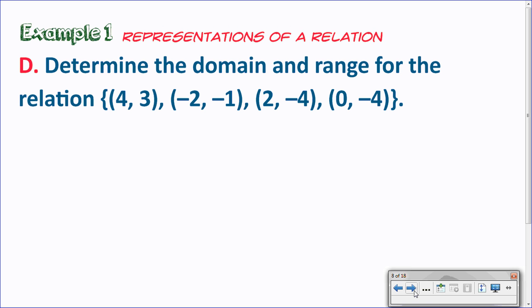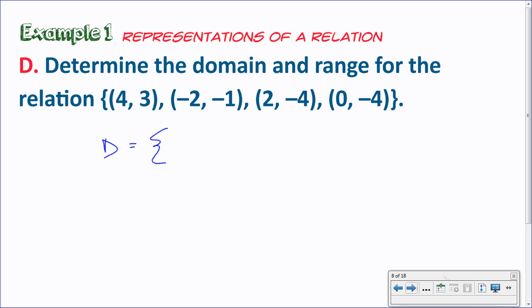D, this is the 4th way. And it's not really, I don't know if you can throw it in as showing a relationship, but they're going to ask you to do this anyways. Determine the domain and the range for the relationship. Domain. I'm going to put a capital D equals.